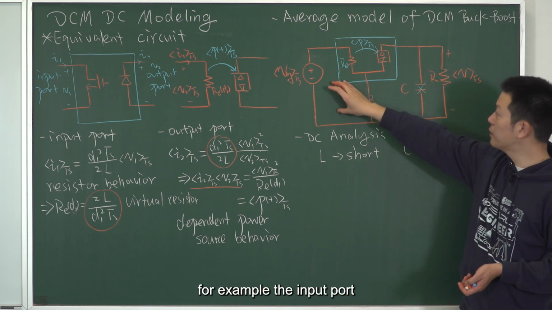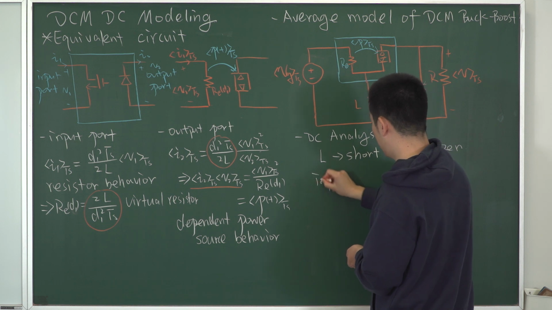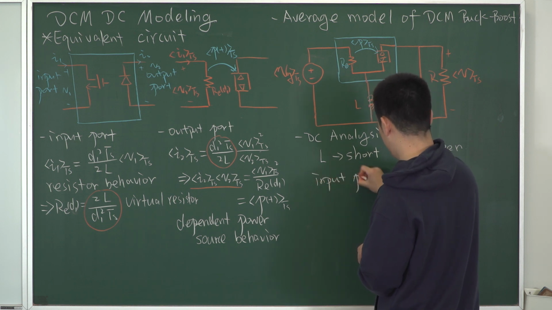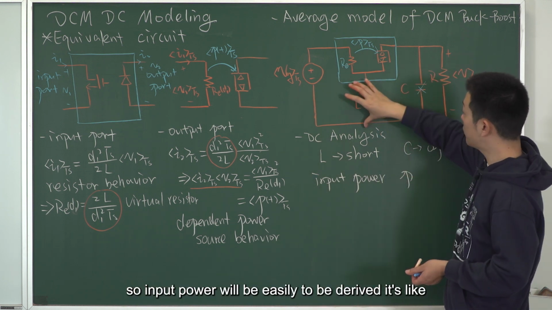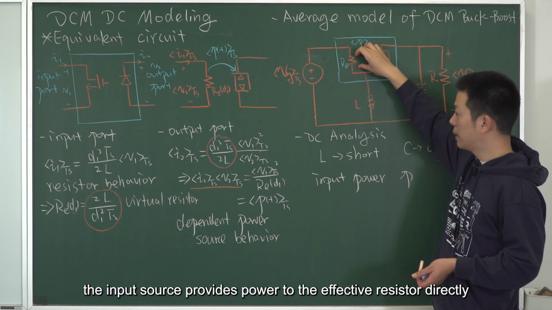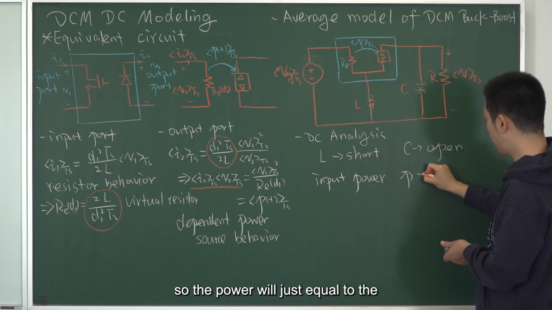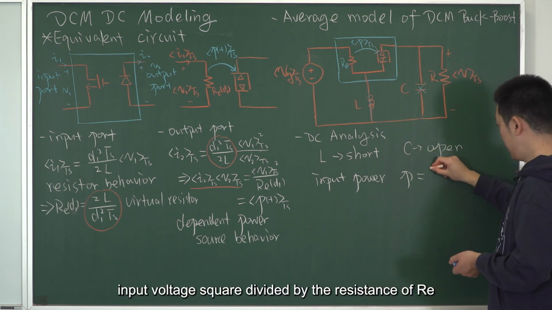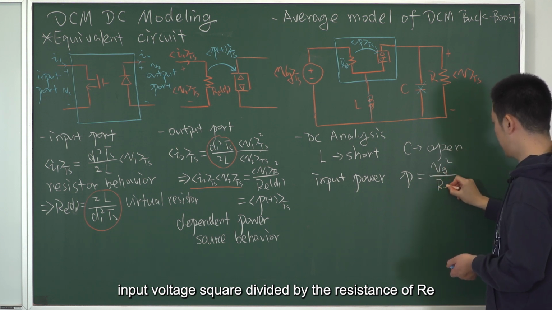For example, at the input port, we can calculate the input power. So input power will be easily derived. It's like the input source provides power to the effective resistor directly. So the power will just equal to the input voltage squared divided by the resistance RE.